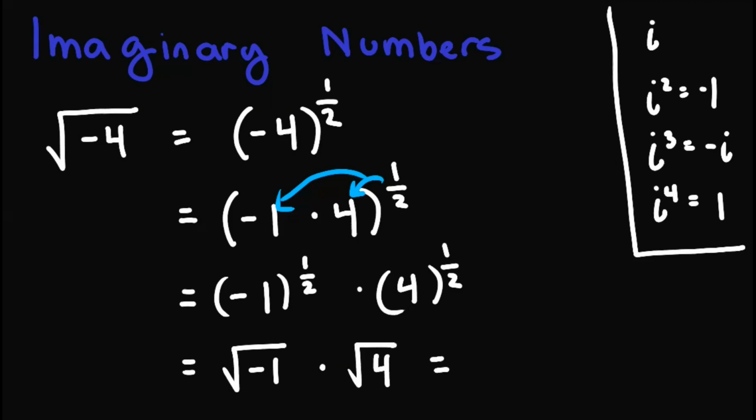So this one is equal to, square root of -1 is equal to i. And then square root of 4 is equal to 2. So this one is equal to 2i. So that's how we deal with the square root involving a negative number.